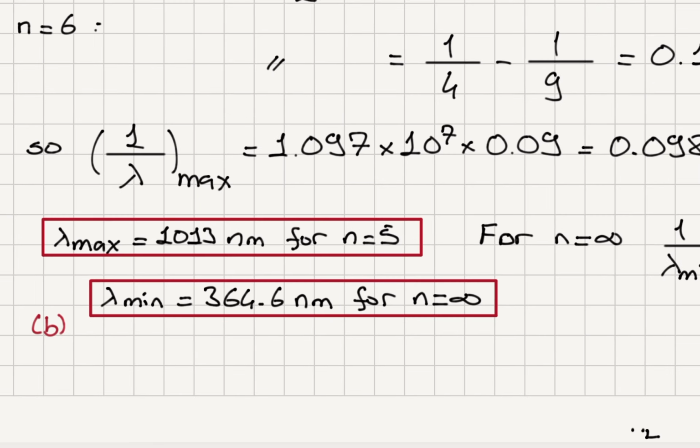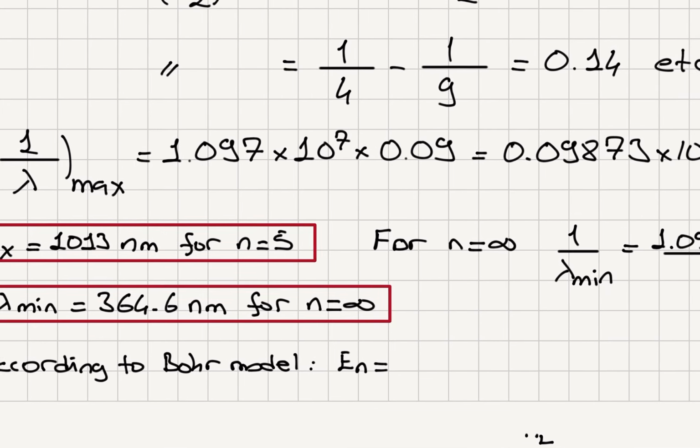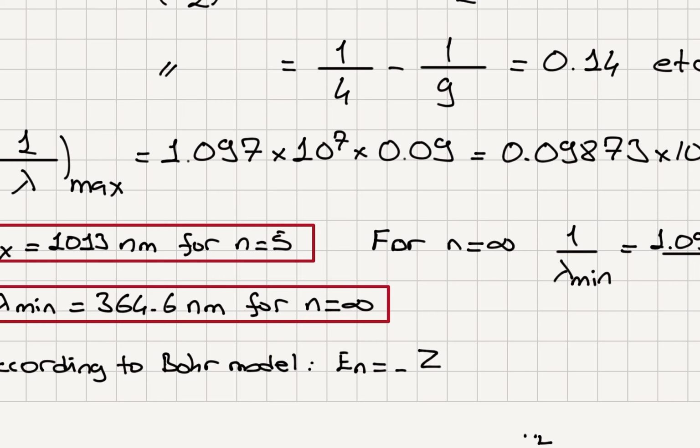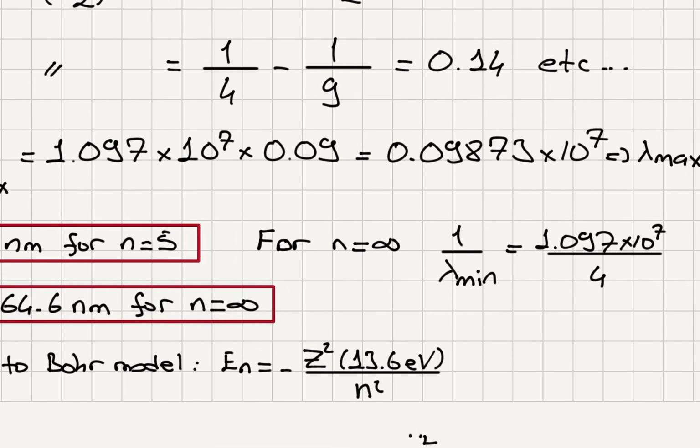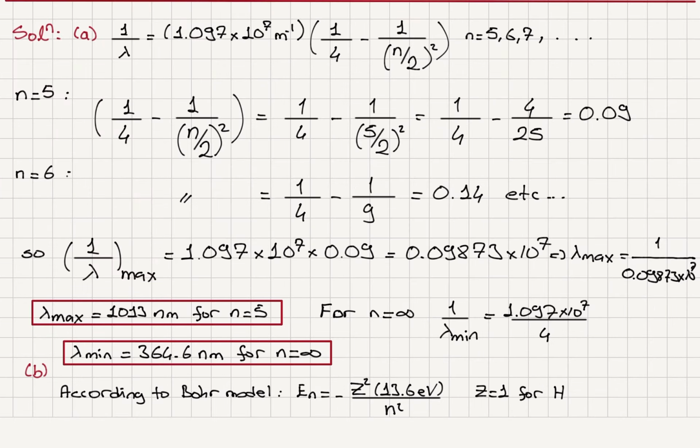So let's recall, according to the Bohr model, the energy levels are given by minus atomic number Z squared times 13.6 electron volts, divided by n squared, where n is an integer, and Z is equal to 1 for hydrogen.